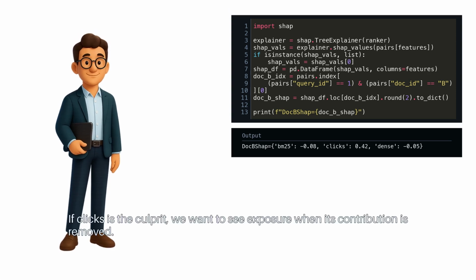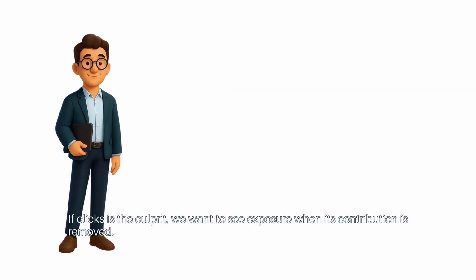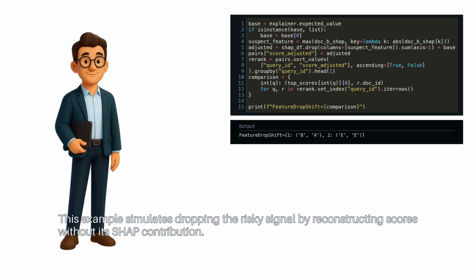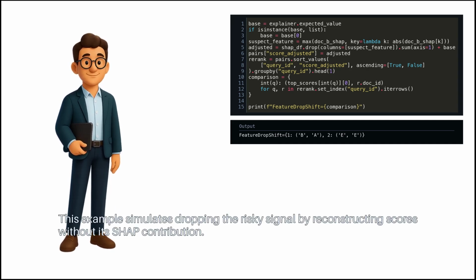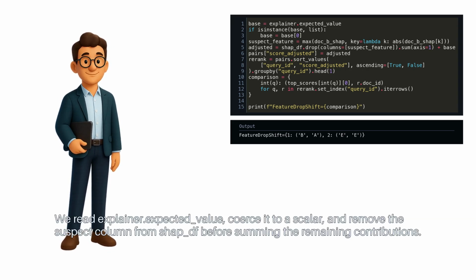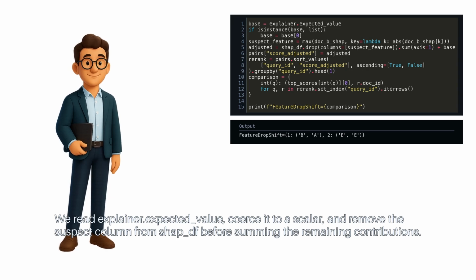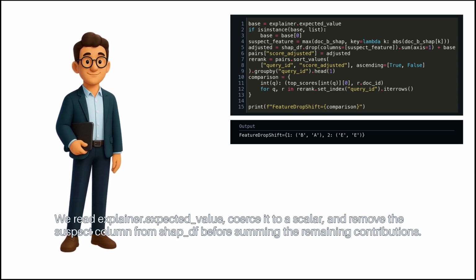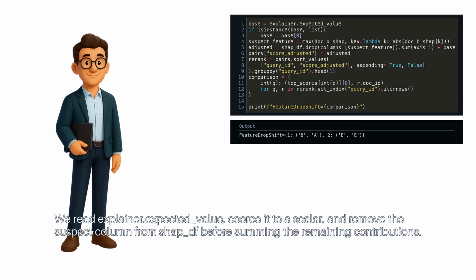If clicks is the culprit, we want to see exposure when its contribution is removed. This example simulates dropping the risky signal by reconstructing scores without its SHAP contribution. We read explainer.expected_value, coerce it to a scalar, and remove the suspect column from shap_df before summing the remaining contributions.